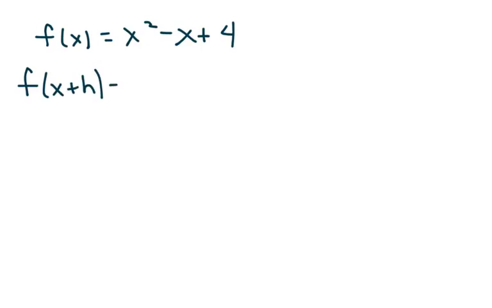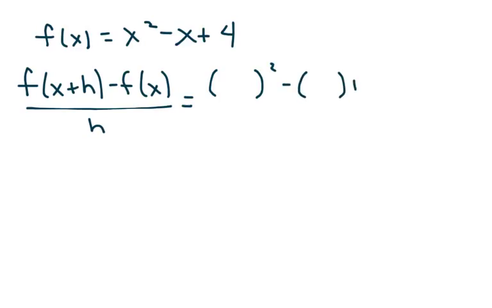The middle size ones, or the middle difficulty ones, we have f of x equals x squared minus x plus 4. And we're applying the difference quotient, f of x plus h minus f of x over h, which equals, I'm just going to write this equation, and everywhere there's an x, like here and here, I'm going to input x plus h.